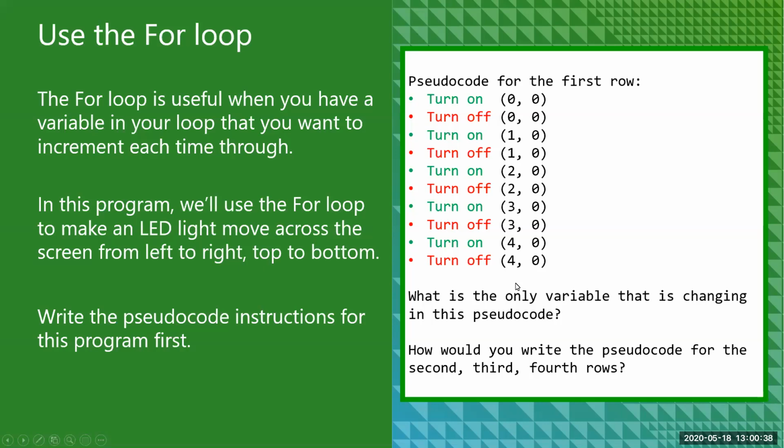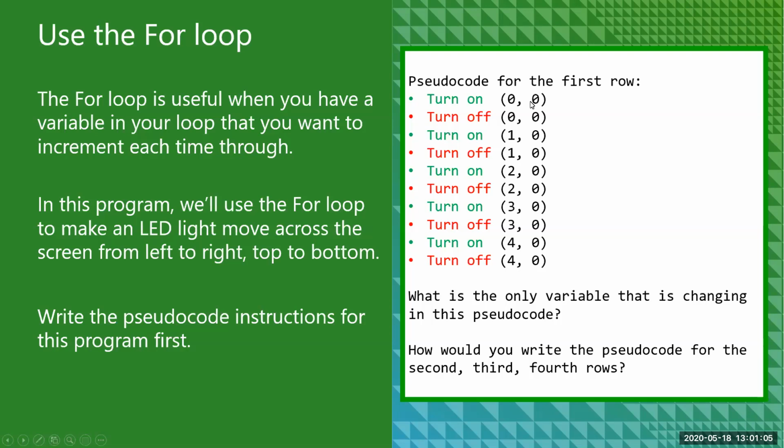We want it to do this. So that will turn on the top left, and then the one to the right of that, to the right of that, to the right of that, all the way through the first row. After that's done, we want it to move to the second row, which would be a variable of 1 here, because we start at 0.